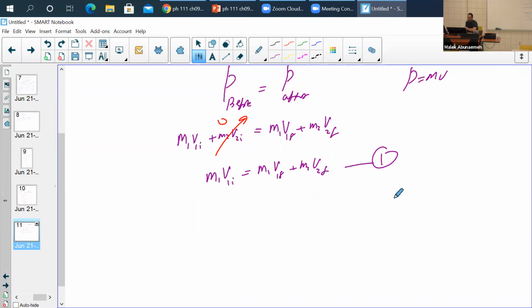Because we have M1 in both terms, we can take M1 as common between them: M1 times V1 initial minus V1 final is going to equal M2 V2 final. And this is our first equation. We just rewrote it.